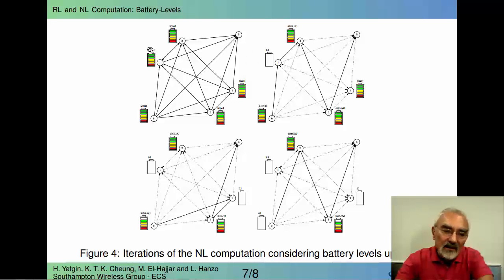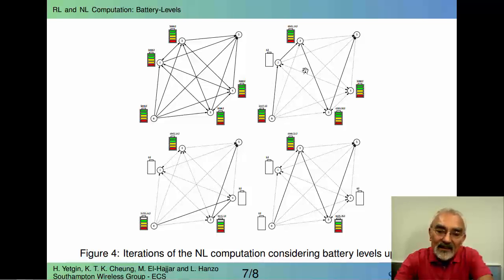So each of the batteries is assumed to have a total energy of 5,000 joules, and as the routing progresses, we can see in the top right hand corner that this particular node here is now depleted in terms of its battery charge, and that limits the potential number of routes. Of course, the scenario is even more complex when the nodes are mobile and they change places.